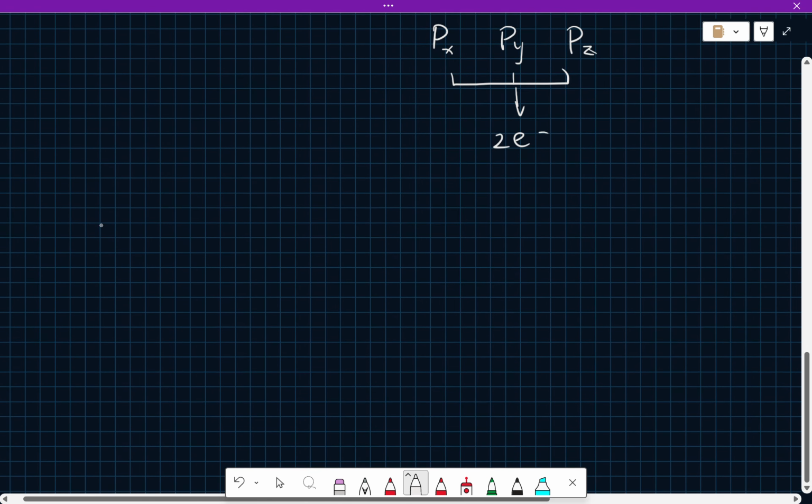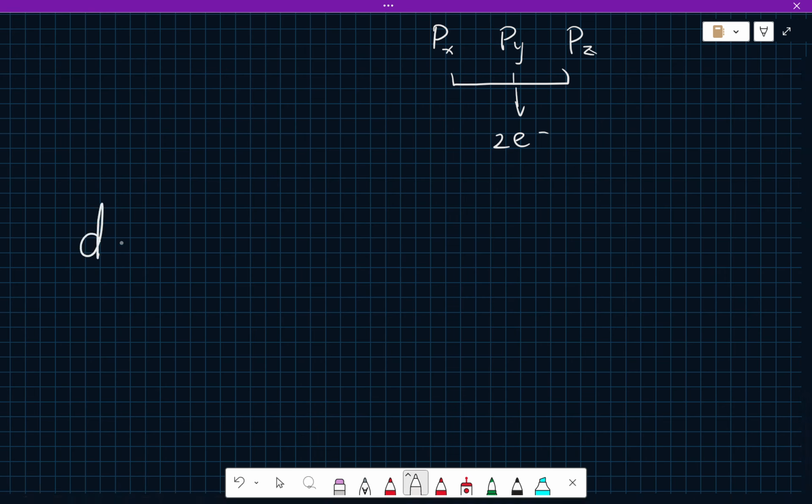Starting from n equal to 3 all the way to n equal to infinity, we would have d orbitals. And the d orbital's shape is a little bit more difficult to draw. But understand that we would have 5 different configurations or shapes of the d orbital.